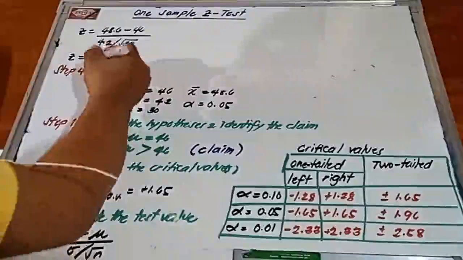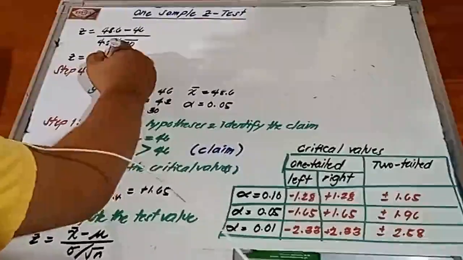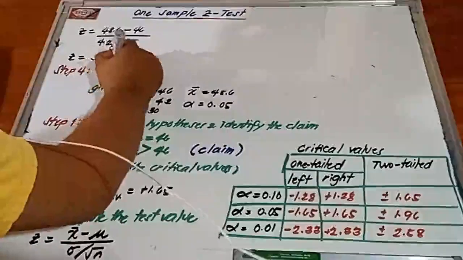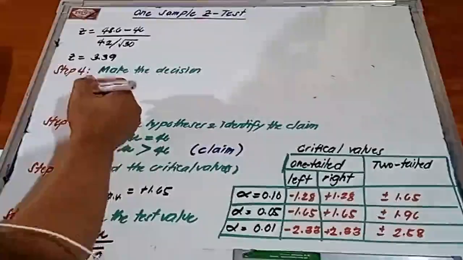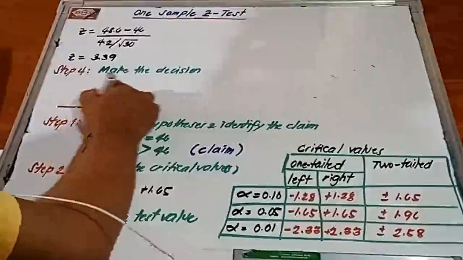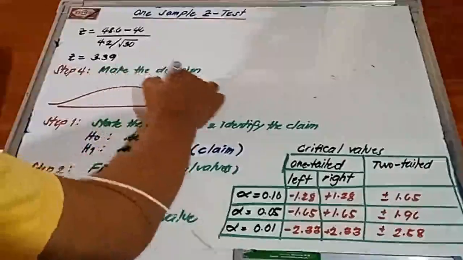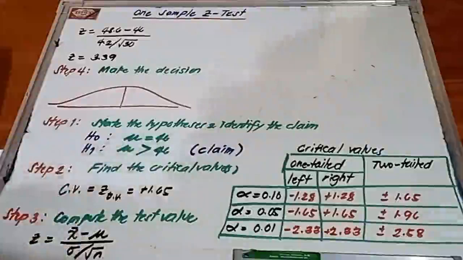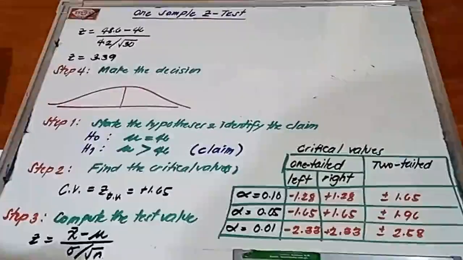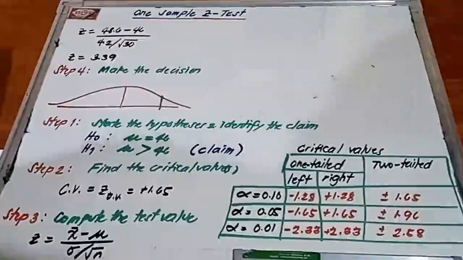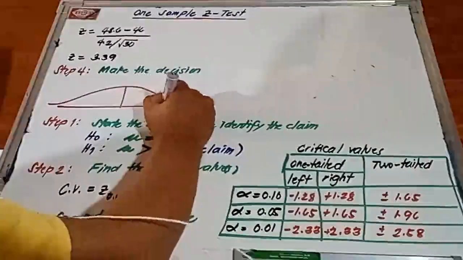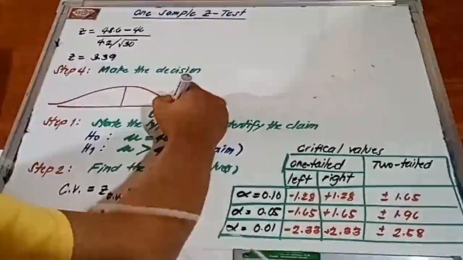Make the decision to reject or not to reject the null hypothesis. So, gawa tayo ng normal curve para maintindihan natin kung kailangan ba natin i-reject si null or i-accept si null. Okay? Okay. So, ang ating critical region ay nandito sa kanan. Okay. Ang kanyang critical value ay equal to 1.65.